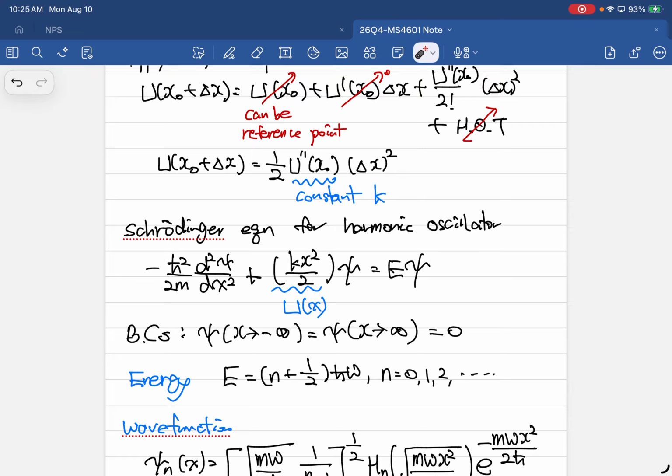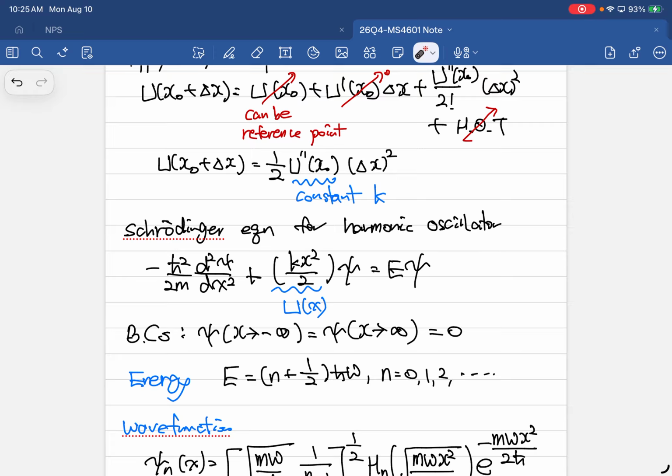Because this x cannot be extended to infinity. So that's why we are setting these boundary conditions. Psi of x as x goes to negative infinity or positive infinity must be 0, because of the probability density function. The probability of finding this mass as x goes to infinity or negative infinity must be 0.